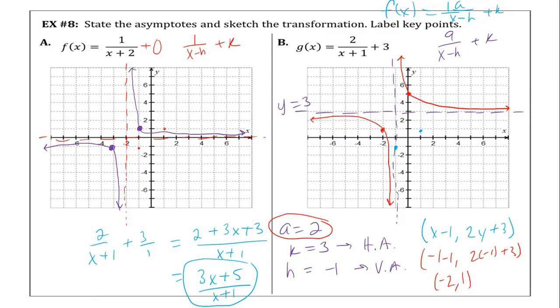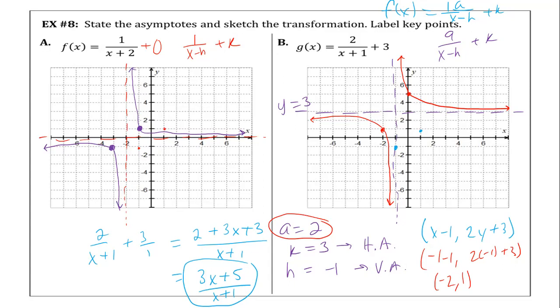So what is your A on C? Our A on C is negative one. Yes, your A is -1.